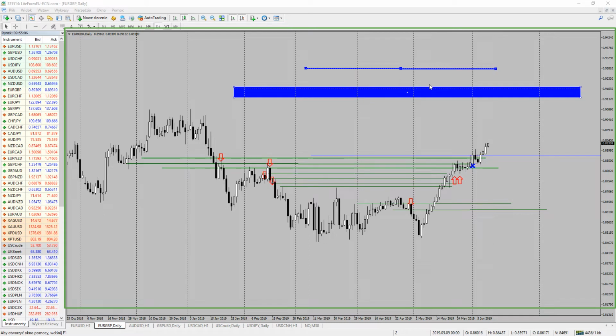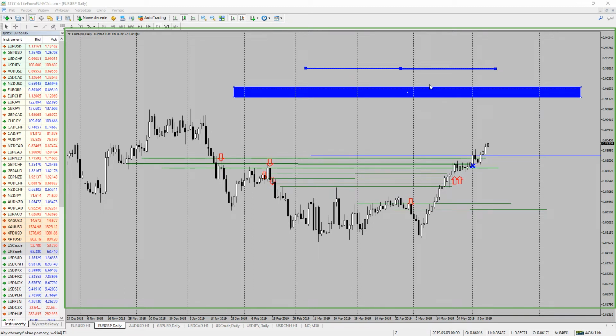Now, what you might also see on my charts is a blue dotted line, and 99% of the time it's going to be the representation of where we started the weekly open. Blue dotted line for me is the weekly open.